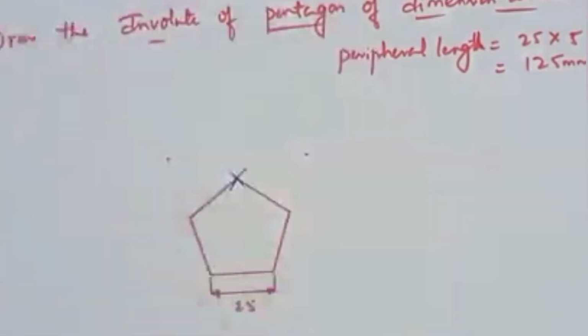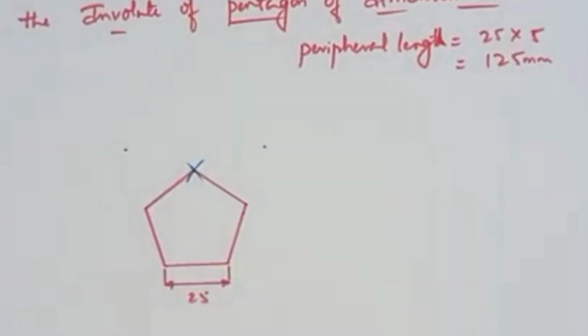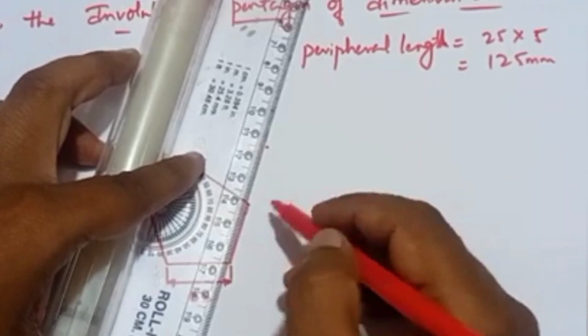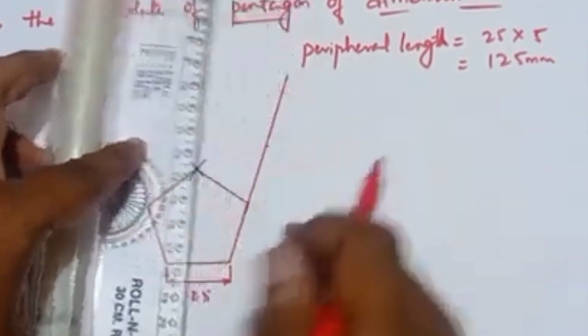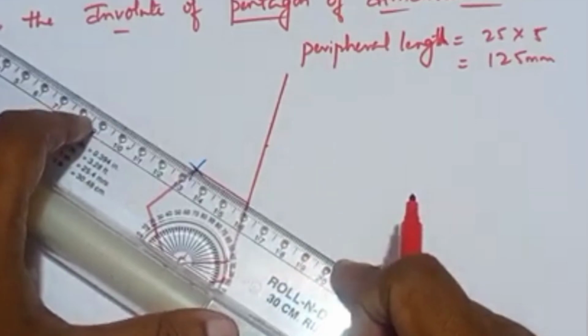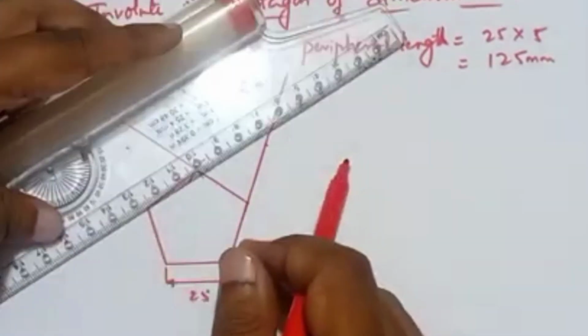Now I'll be drawing its peripheral length. I'll be extending these edges here, like this.